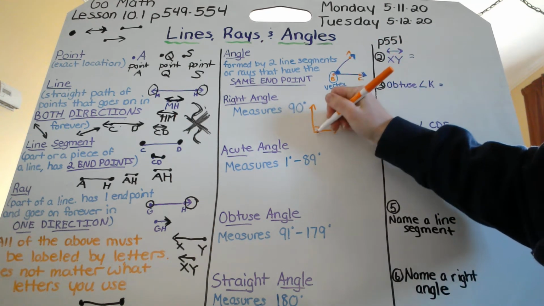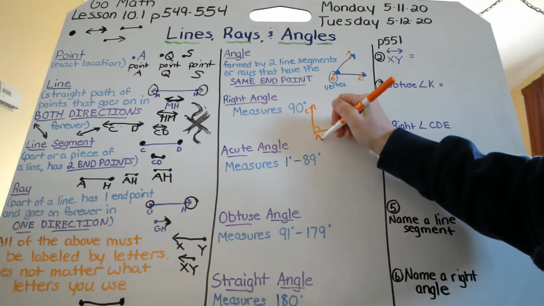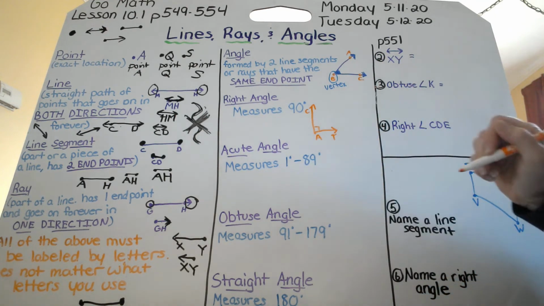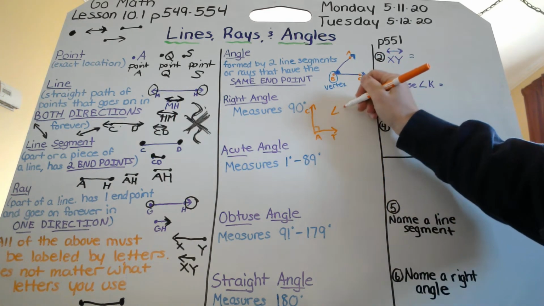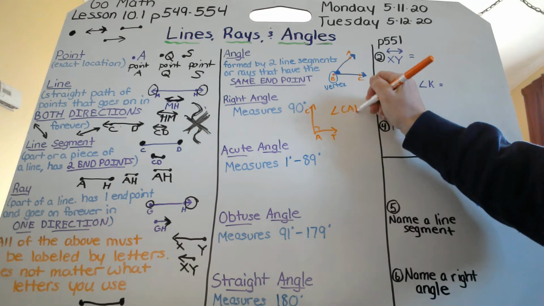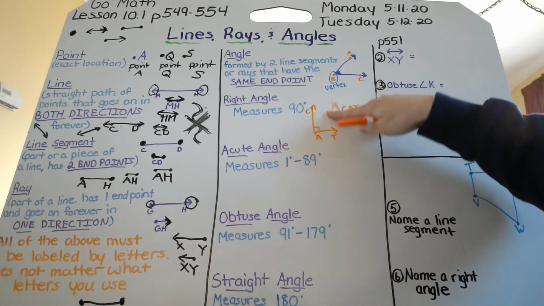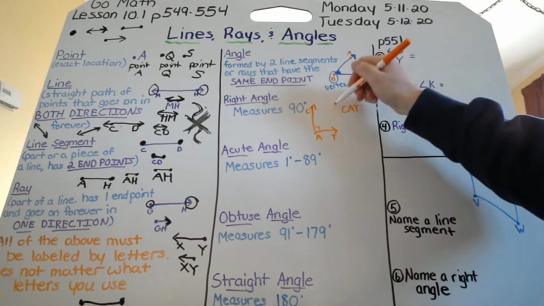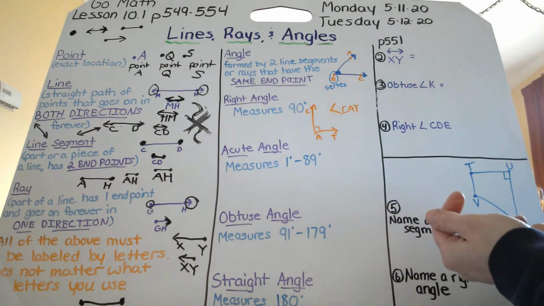So here is my right angle, and I'm going to call this CAT. You can make words like that. So this would be angle CAT. See my angle symbol? It looks like that. Oh, that was bad because now it looks like it's all stuck together. So there's your angle symbol, angle CAT.